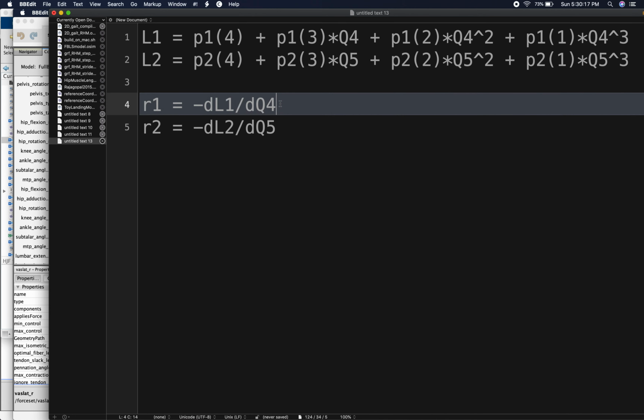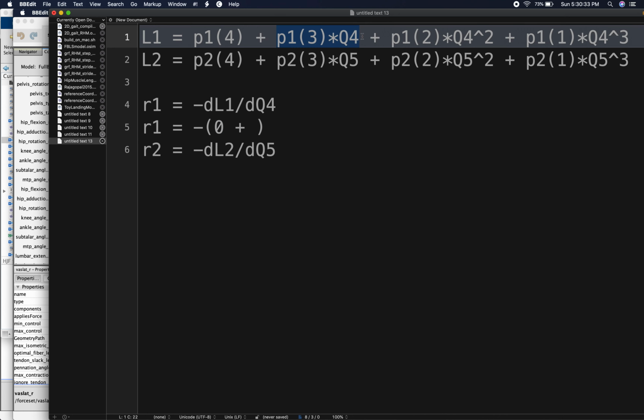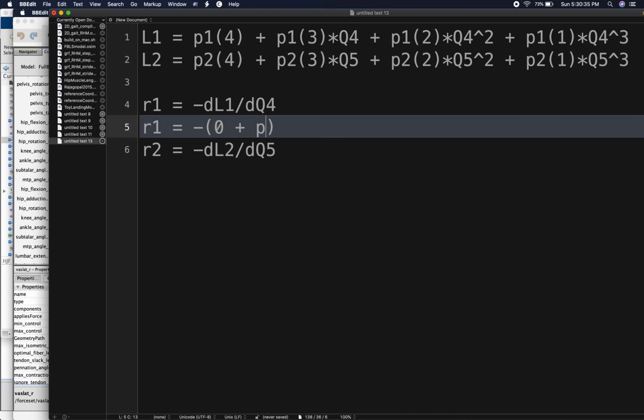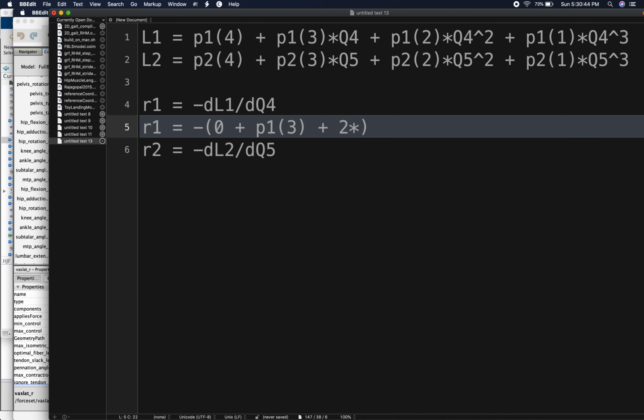Analytically here, my R1 would be: the derivative of that constant with respect to Q4 is 0. Derivative of this term with respect to Q4 is P1, 3. Derivative of this term with respect to Q4 is 2 times the second coefficient times Q4.